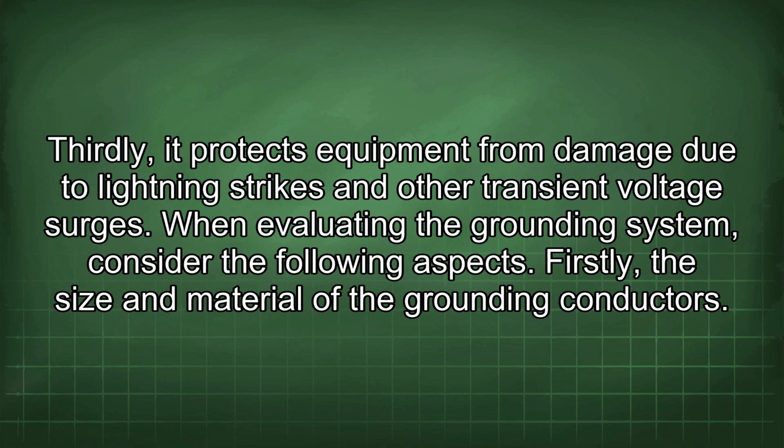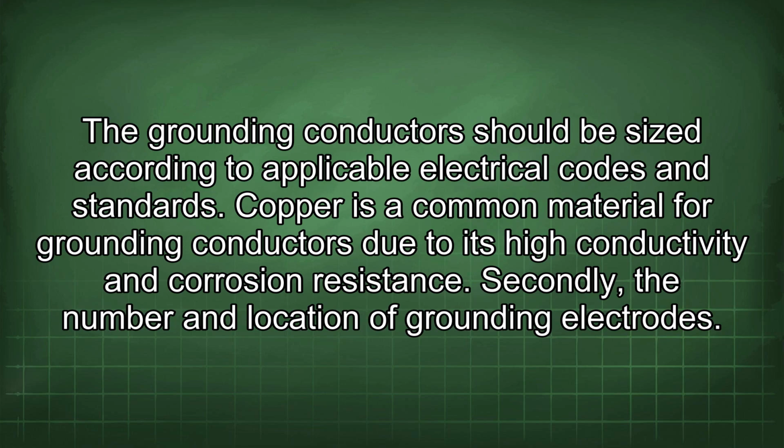When evaluating the grounding system, consider the following aspects. Firstly, the size and material of the grounding conductors. The grounding conductors should be sized according to applicable electrical codes and standards. Copper is a common material for grounding conductors due to its high conductivity and corrosion resistance. Secondly, the number and location of grounding electrodes.